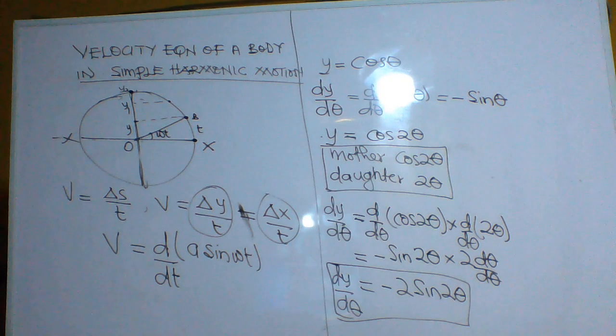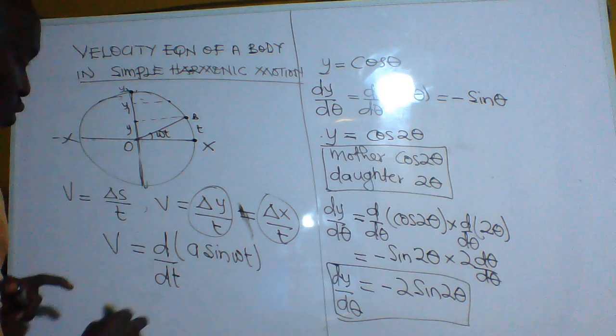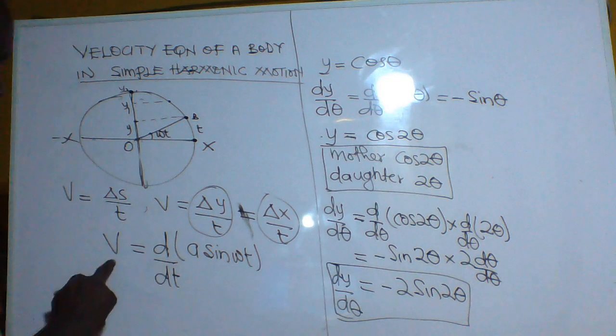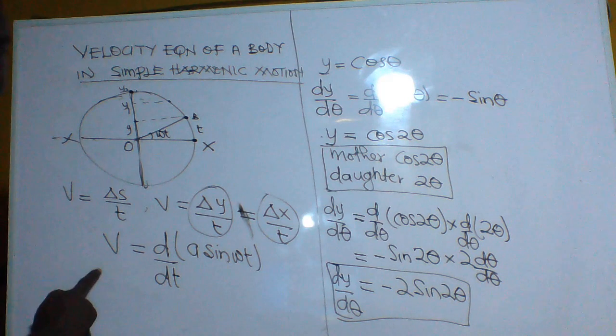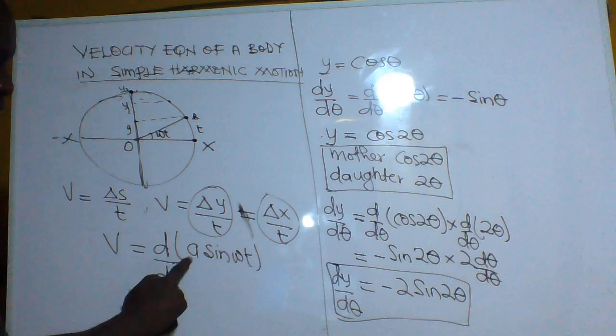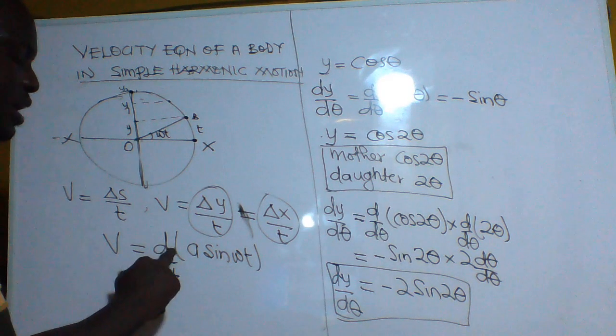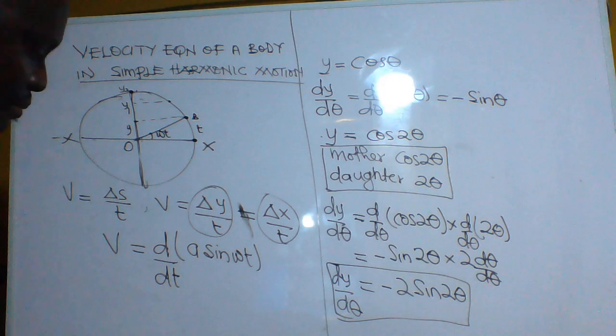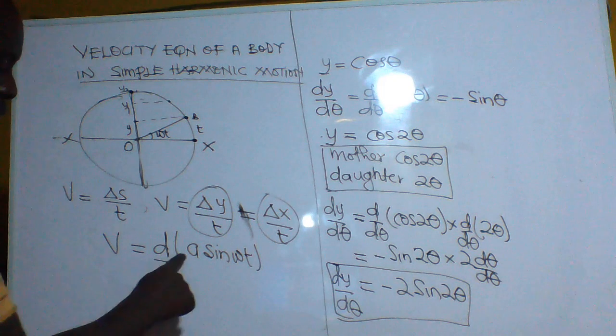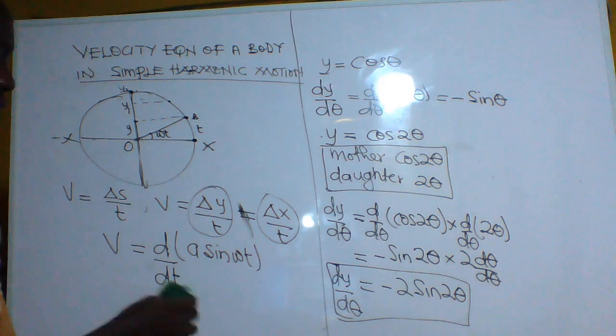Okay, all right. So we said that to have an equation for the velocity function, we have to look at how the displacement function is changing with time. So d/dt of A sine omega t.